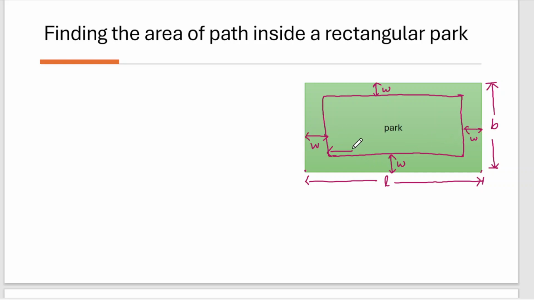That means if we subtract both W, we will get the length of this rectangle. Okay. And what will be the breadth? Breadth will be B minus 2W. Why? Because from here to here it is W, and we'll subtract both the W, you will get the breadth. Okay. So W is our width of the path.